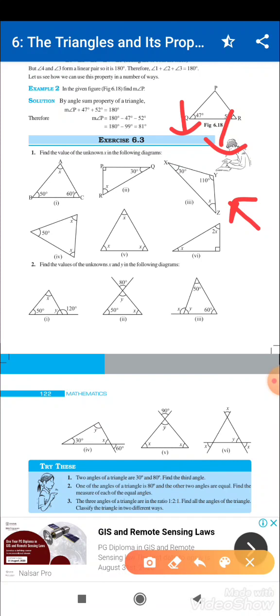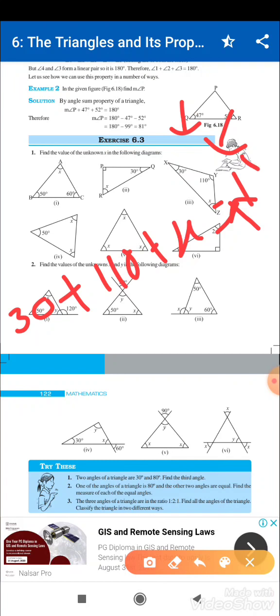For this we apply angle sum property, and we have 30 plus 110 plus x is equal to 180 degree. First we are going to add 30 and 110.